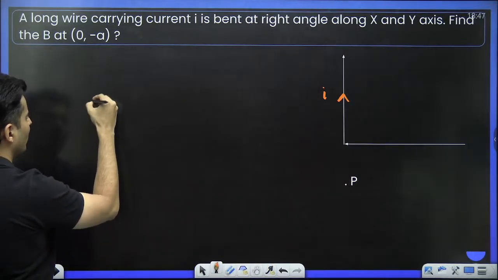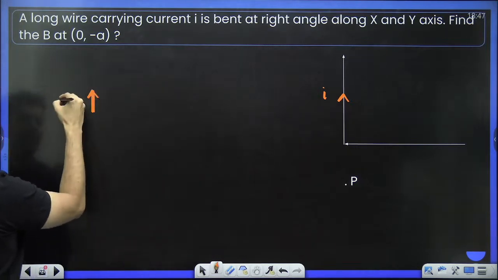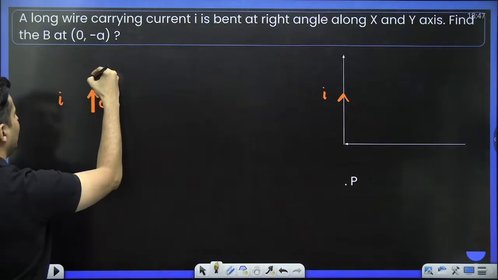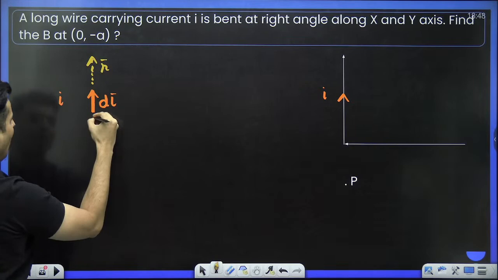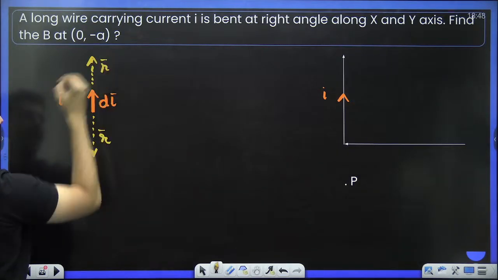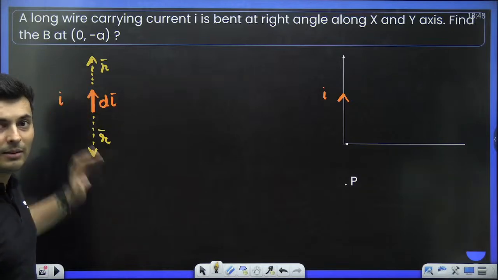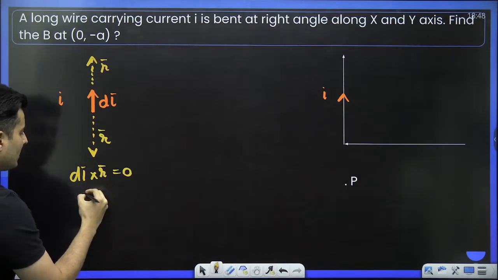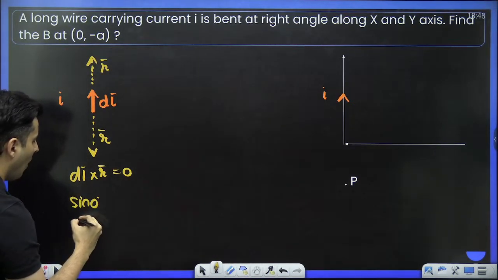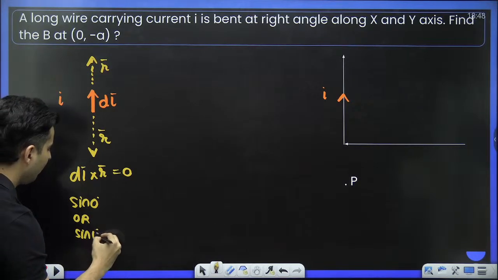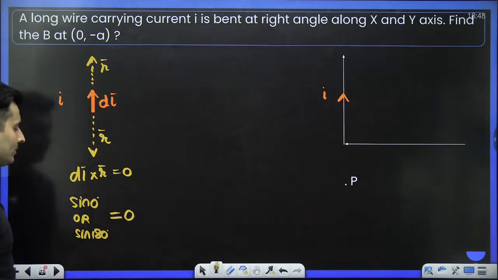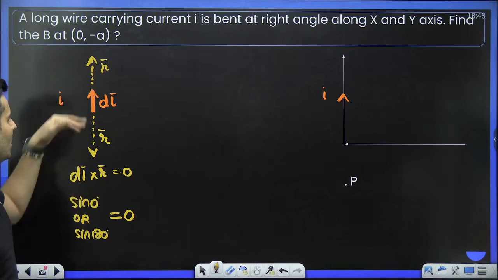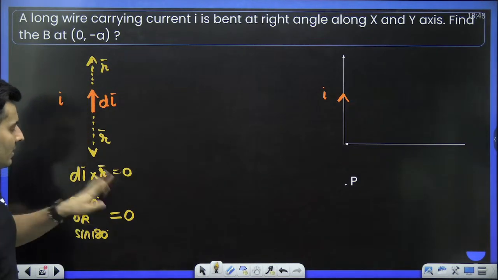If I remember Biot-Savart's law correctly, if I have a current carrying element like this and I take the r vector here, or if I take the r vector here, what happens? dl cross r will be a big fat 0, because sine 0 and sine 180 are both 0. If dl and r are in the same direction, sine 0 is 0. If dl and r are in opposite directions, 180 degrees, that is also 0.